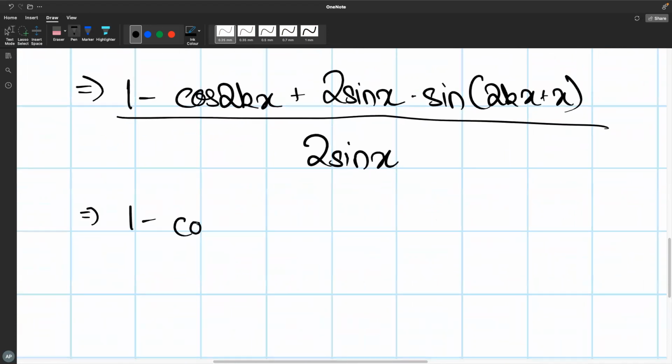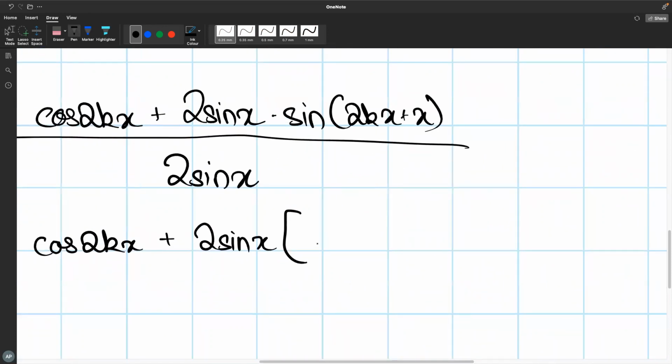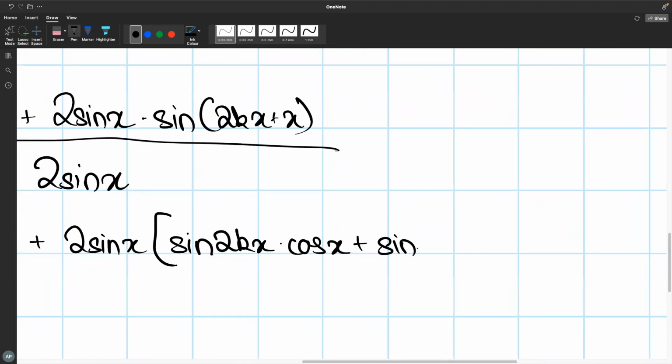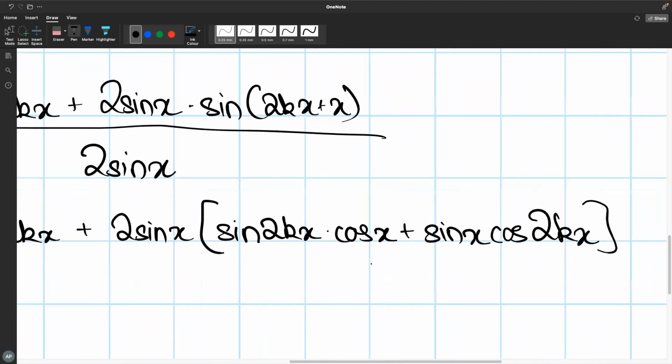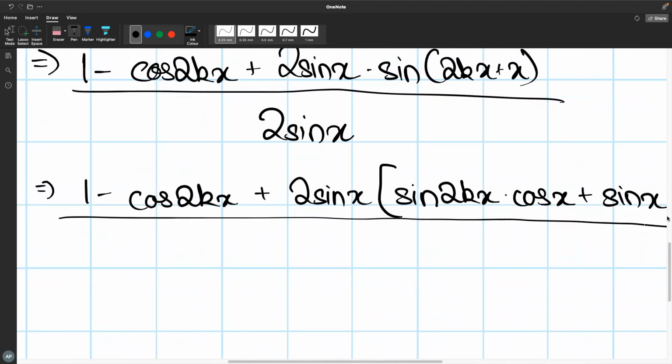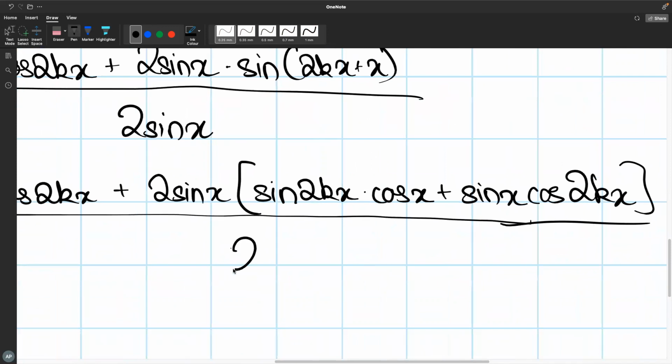So we have 1 minus cosine 2kx plus 2 sine x, and then let's open up a bracket over here. To expand this, we use the identities, and we get sine 2kx times cosine x plus sine x cosine 2kx, and that is over 2 sine x.